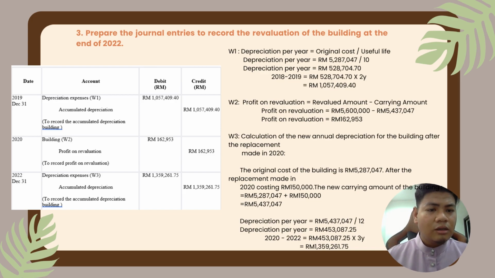For the profit on revaluation, we take 5.6 million minus 5.437 million 47, and we get a profit on revaluation of 162,953. Then for W2 we take 2020, so we do the journal, and the original cost we add 5,287,047 plus 150,000 for the new carrying amount, and then we get 5,437,047 ringgit. Then we do the depreciation, we divide by 12, so we get the answer.